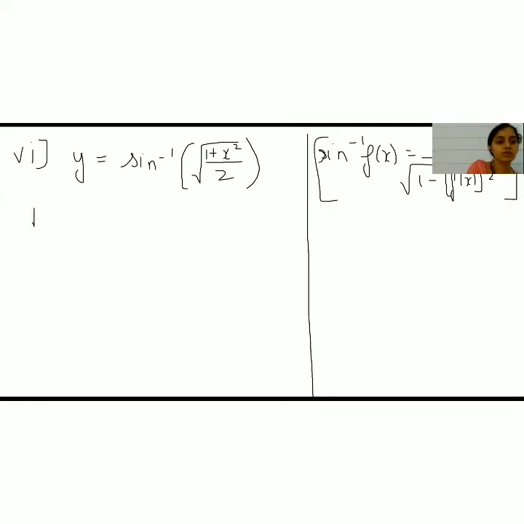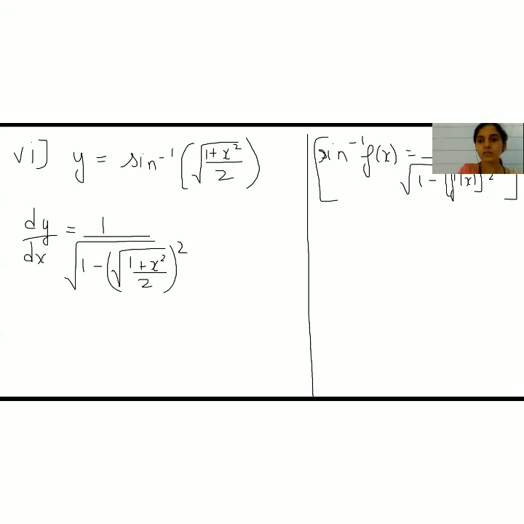So let us do dy by dx. We get dy by dx is equal to 1 upon under root of 1 minus f of x the whole square, that is, 1 minus the entire root function, 1 plus x square by 2, the whole square, multiplied by f dash of x.